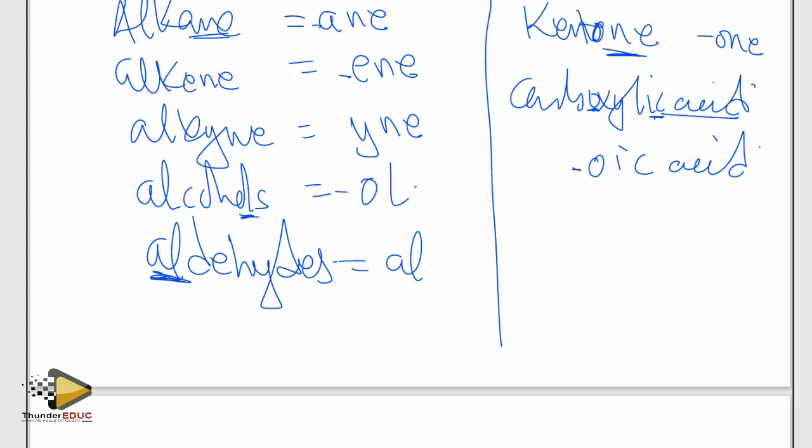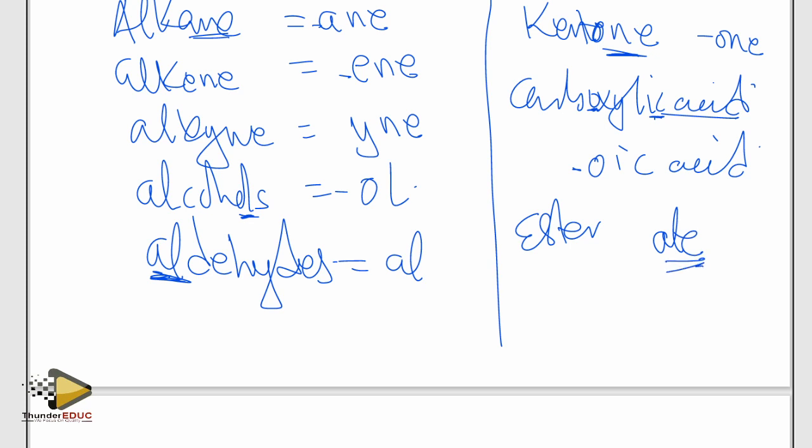Then we have what we call the esters. The esters are just a little bit different, because it is negatively charged, like a salt, so it ends with ate.